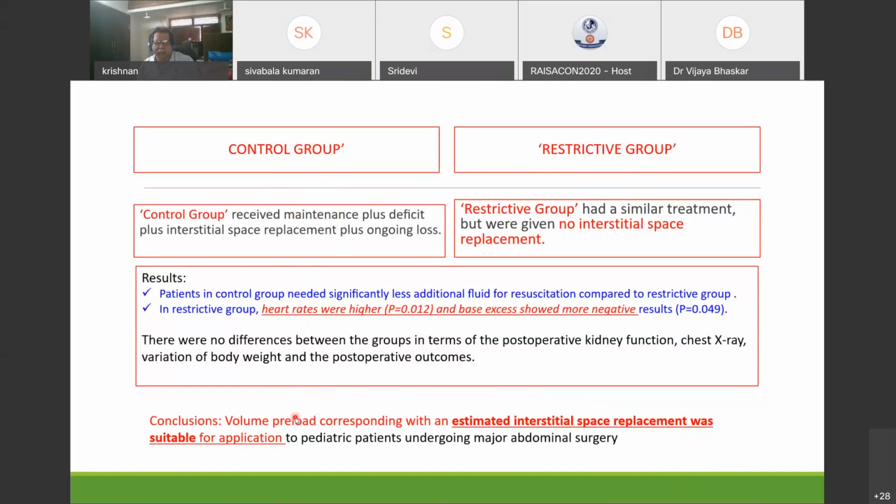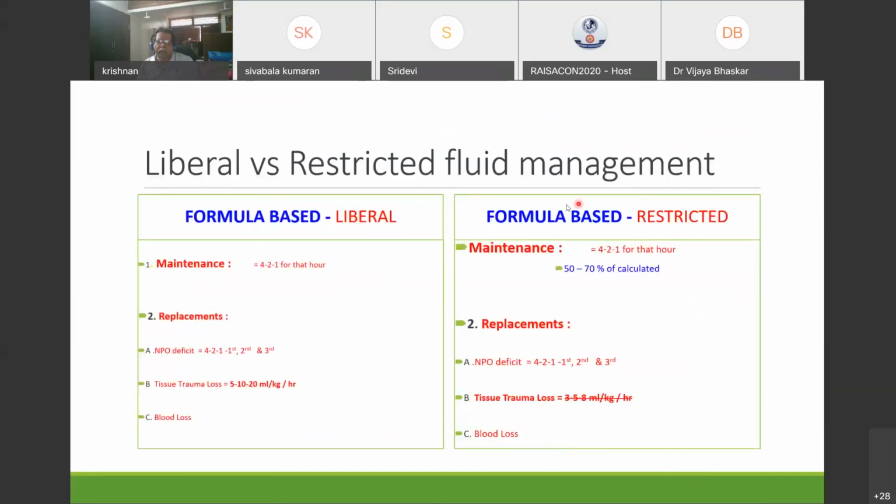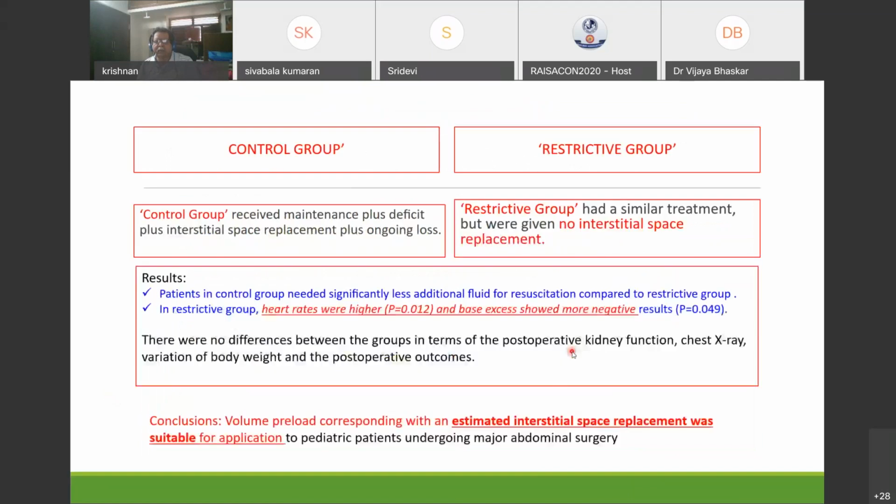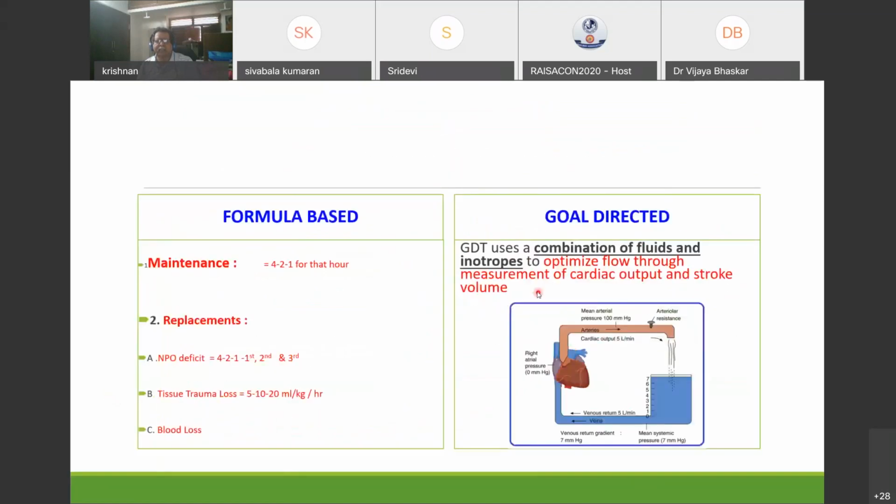So they concluded that volume preload corresponding to interstitial space replacement was suitable for application to pediatric patients undergoing major abdominal surgery. So for pediatric patients coming for major abdominal surgery, you give a restricted fluid, but you will have to give tissue trauma loss. That is the latest guideline for pediatric patients coming for surgery.